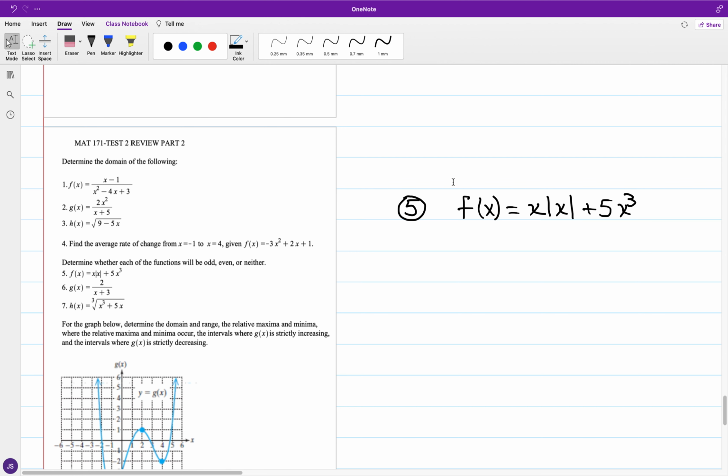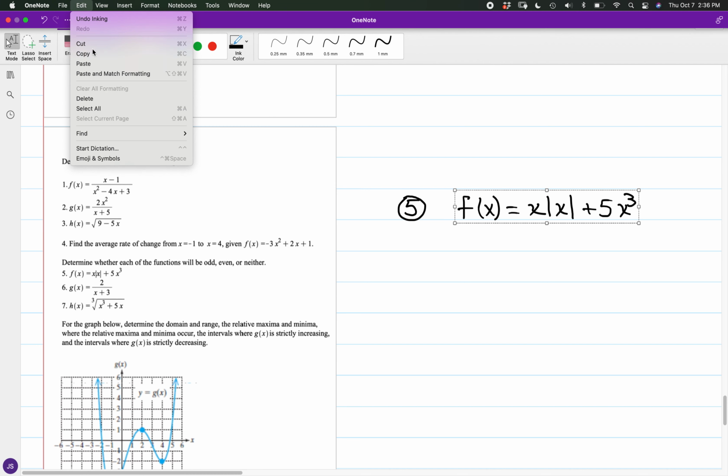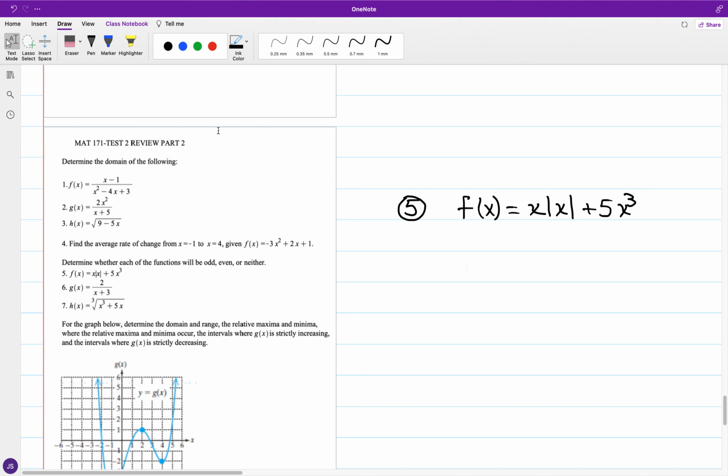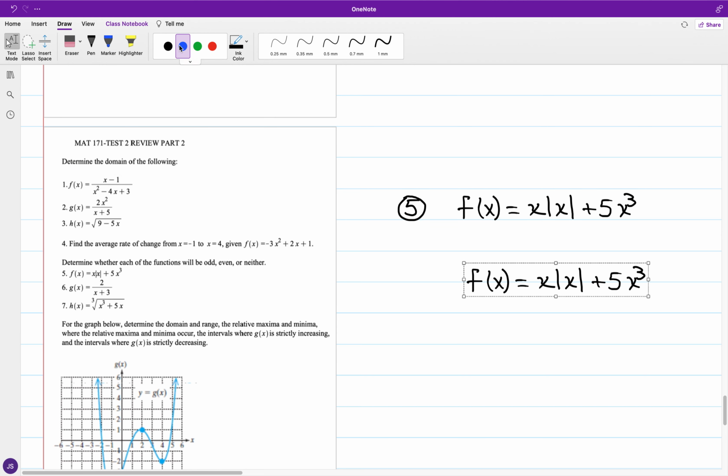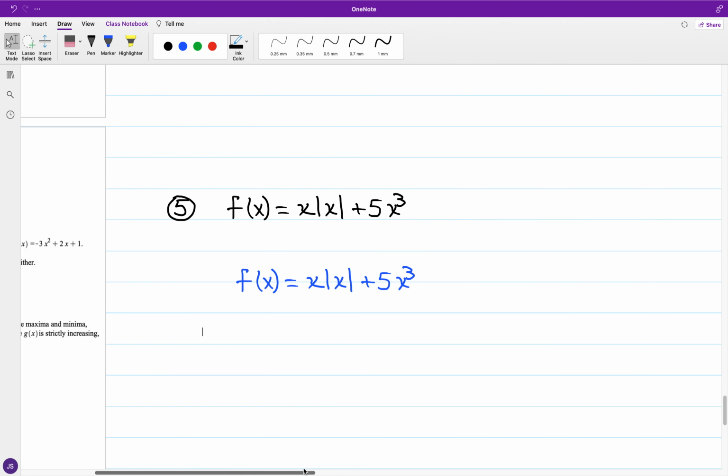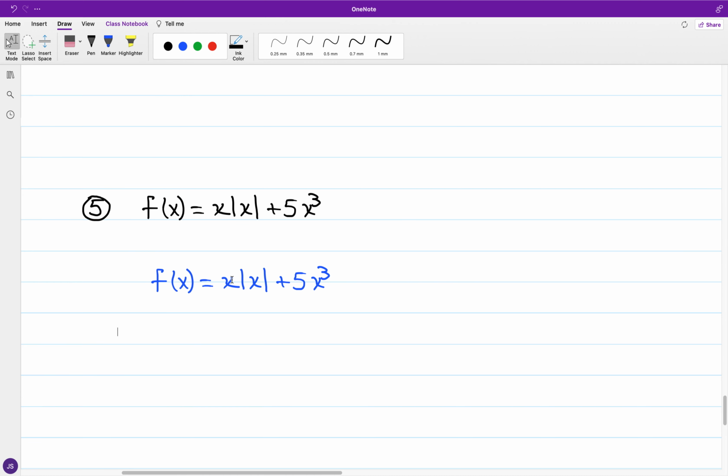Now this one is a little bit tricky. We'll be testing the results working with both f of x and f of negative x.